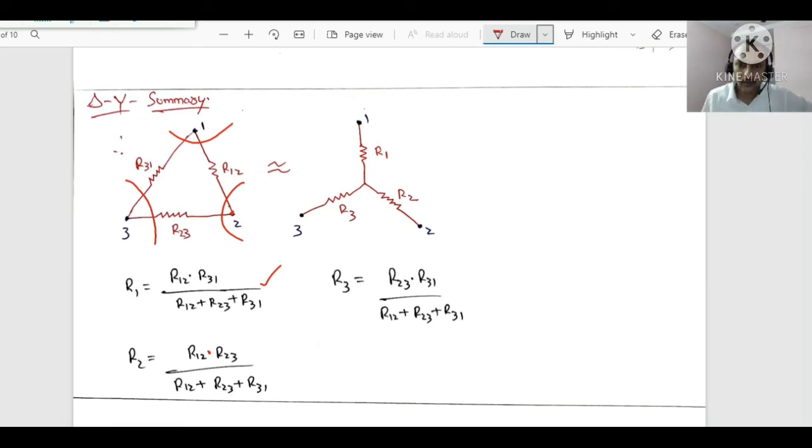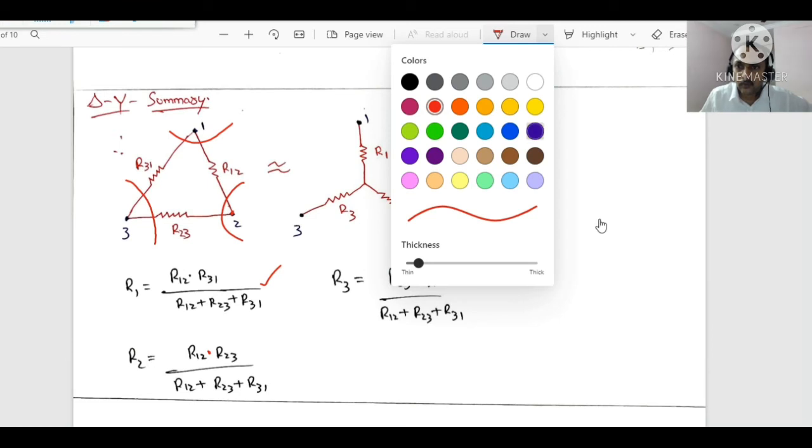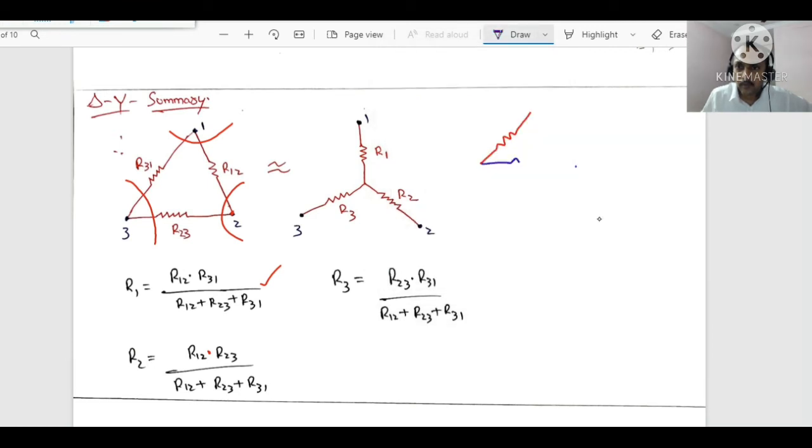right? For example, it is not a rule that everybody should give the numbering as 1, 2, 3. For example, somewhere you are given a problem like this, right?